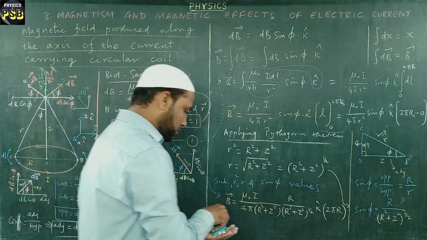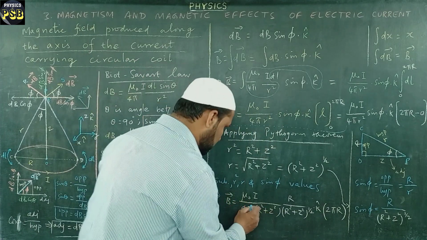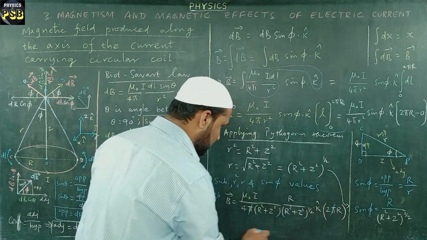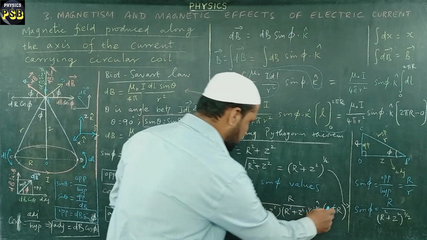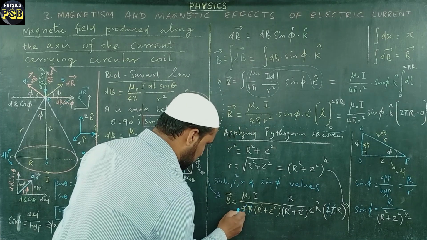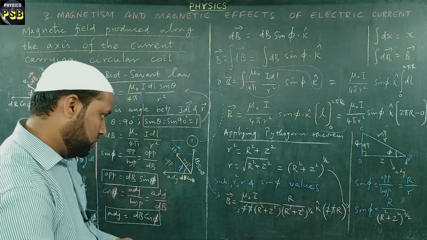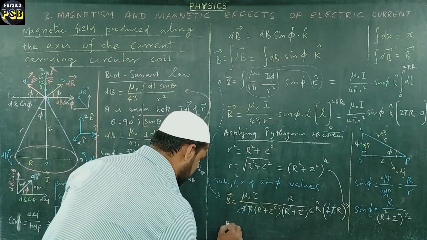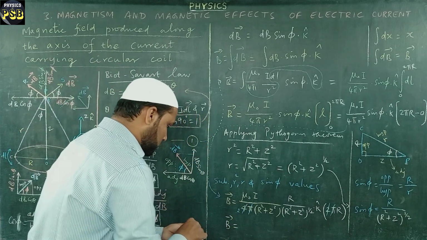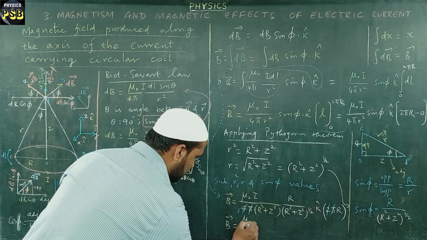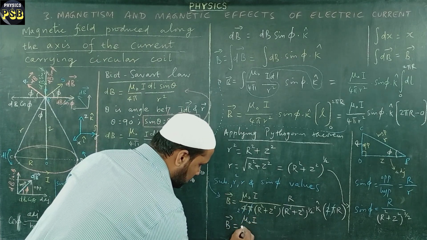Clear? Now this pi and this pi will cancel, and this 2 and this 4 will cancel. In the next step, B vector is found to be equal to mu naught I upon 2.